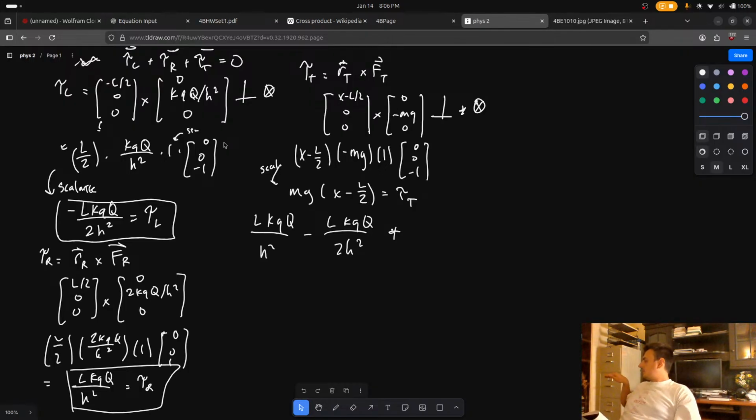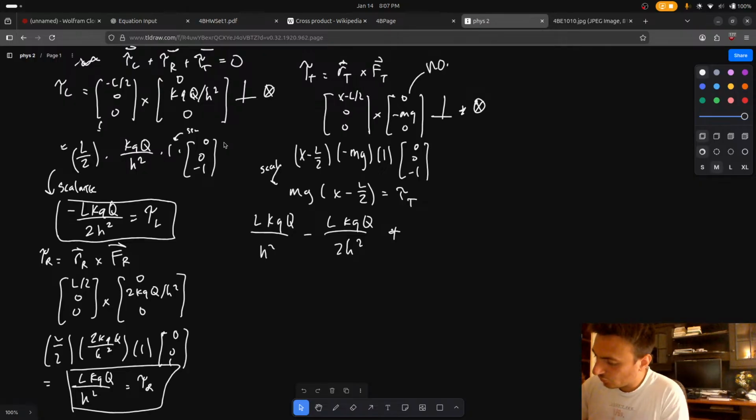The force is negative. It's 0, minus mg, 0. This torque is negative. Oh, because I didn't norm it. That's why. Implicitly in here, you need to take the norm of this. I should just get in the habit of that.